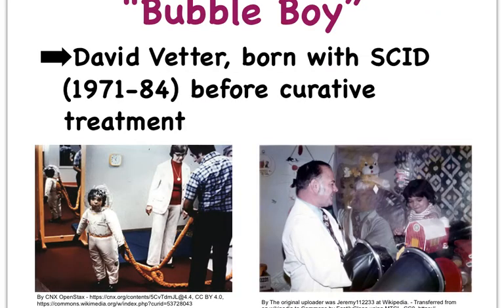In the late 70s, a little kid by the name of David Vetter was born with SCID and had to live in a very isolated environment, and people who visited him had to be completely covered up because he was so prone to infections.